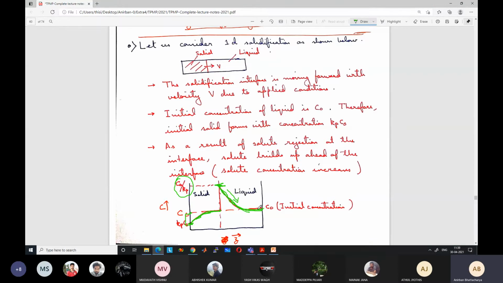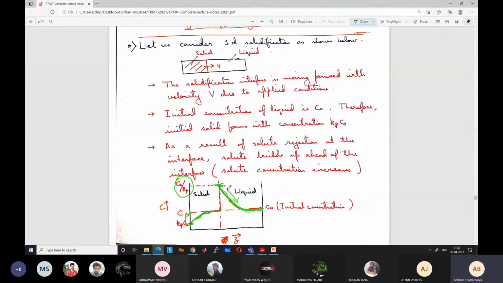You have a high temperature here and low temperature here, and a thermal gradient is set up, so heat transfer occurs from the high temperature to low temperature. Exactly the same thing occurs here. You have a high concentration here, low concentration here, and as a result the solute, say the B element, moves from the high concentration region to the low concentration region.